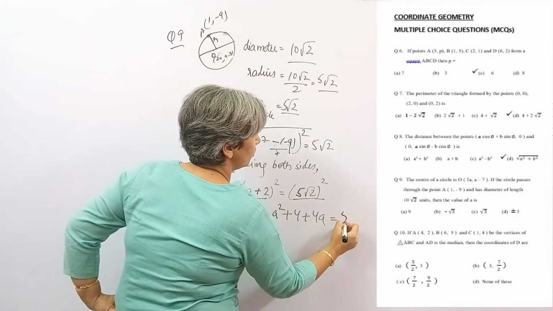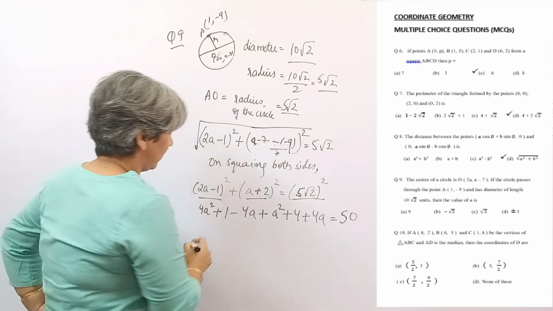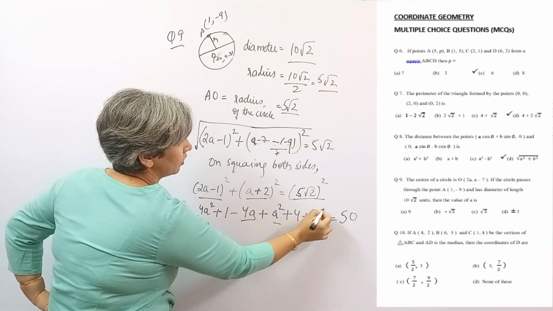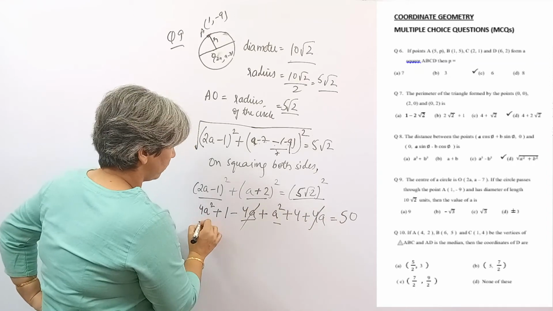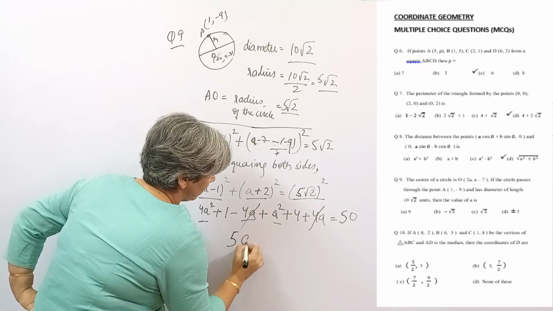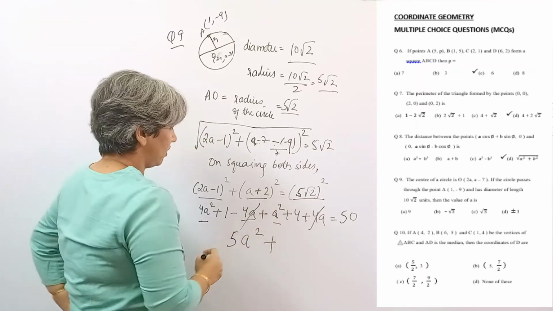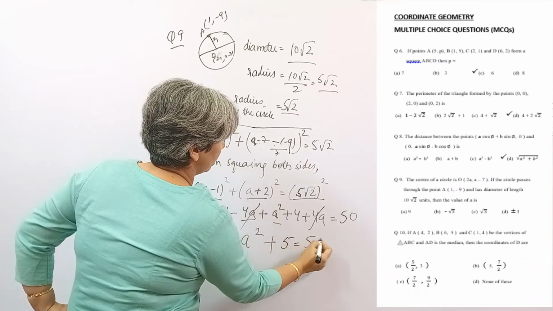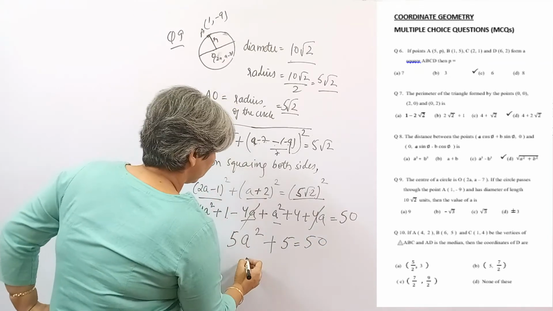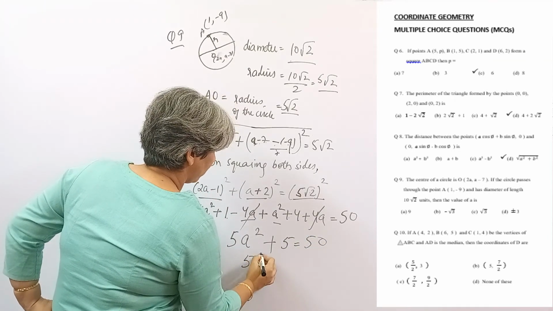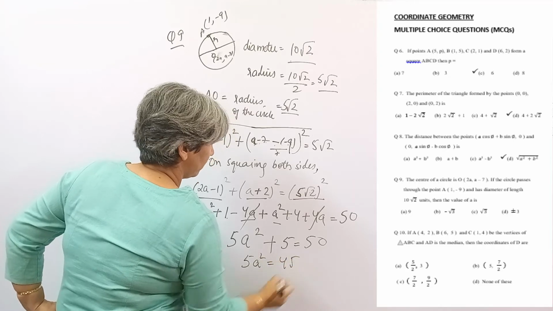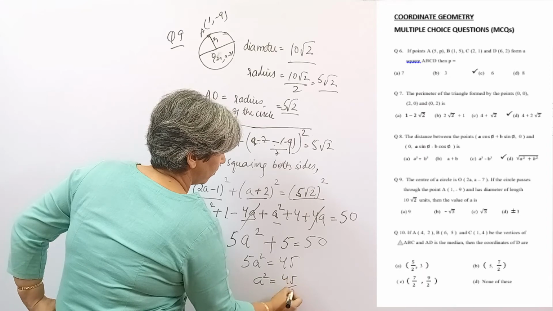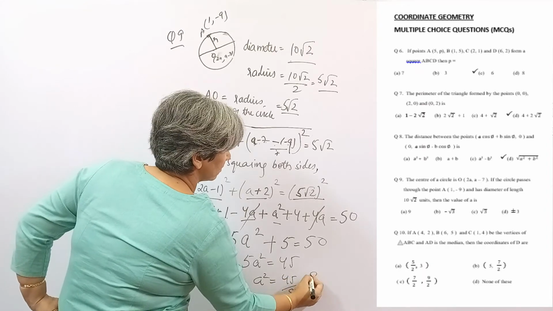So 25 into 2, 50. Here we can see if anything is getting cancelled: minus 4a plus 4a will get cancelled. So we have 4a square plus a square, 5a square, plus 1 plus 4, 5, equal to 50. So 5a square is equal to 45, a square equal to 45 upon 5, which is 9.